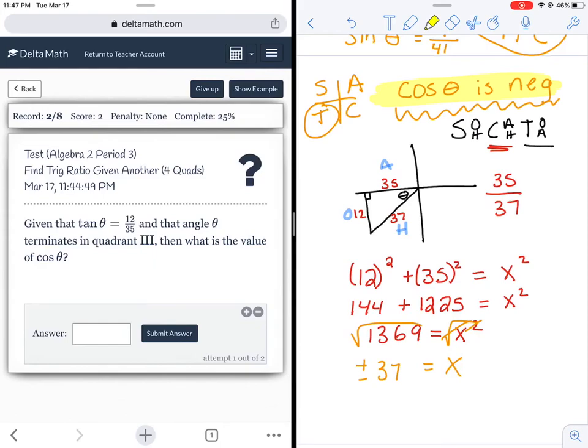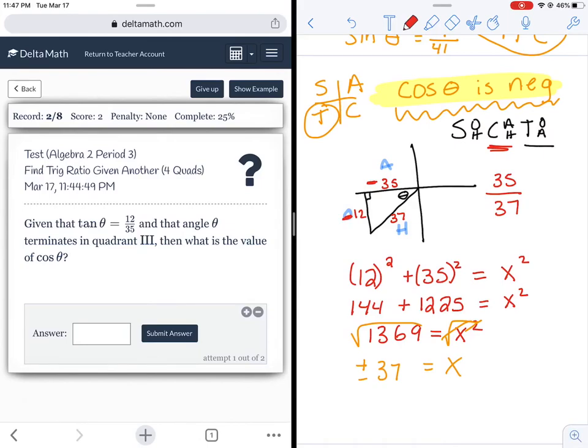But if we look at how we labeled this, in this quadrant, tangent is positive, and they gave me 12 over 35, and that's a positive number. Great. But if we look at the direction that these sides are going in, 35 is going this direction. So this really should be a negative 35. And 12 is going this direction. So that really should be a negative 12.